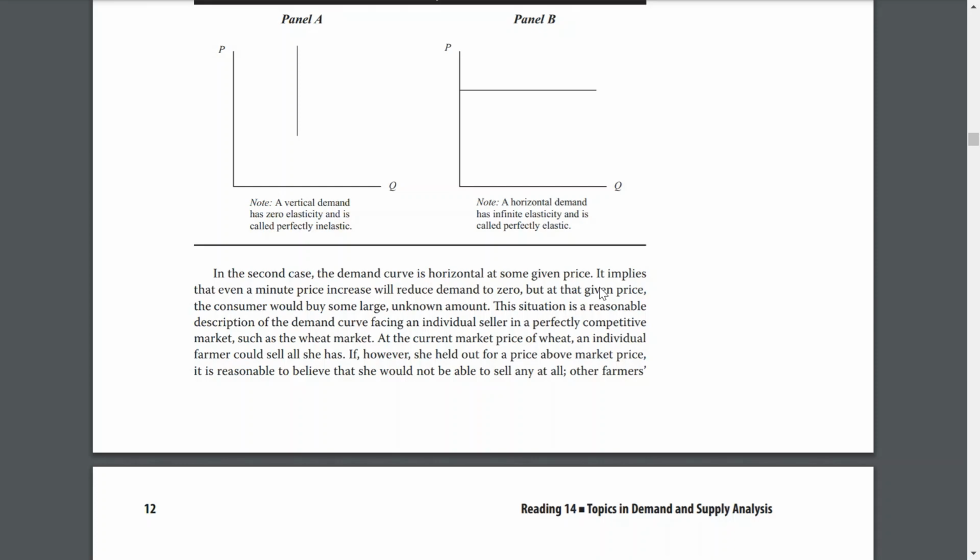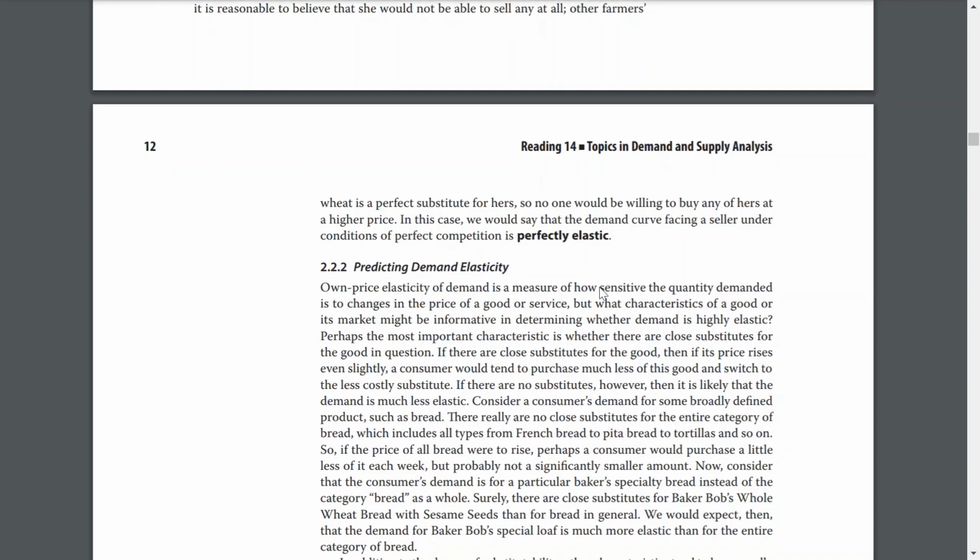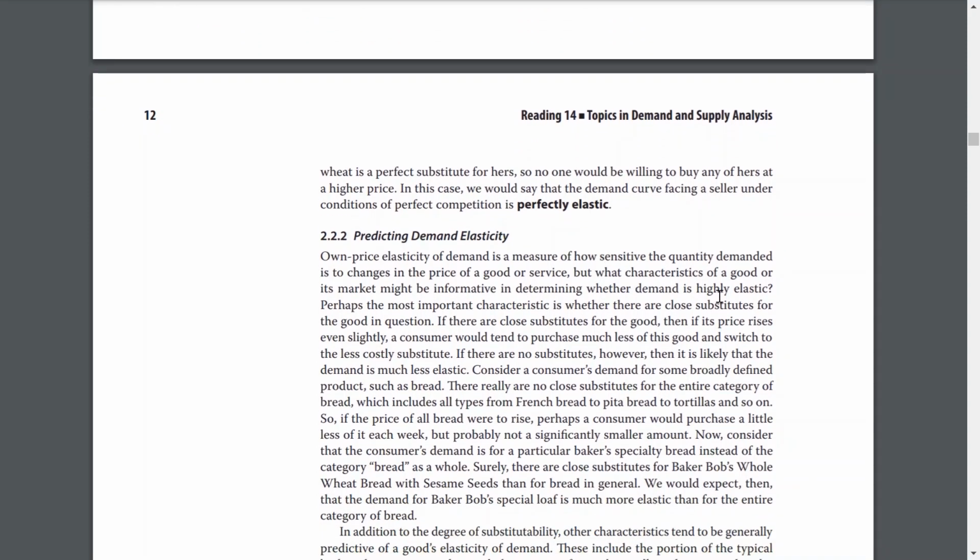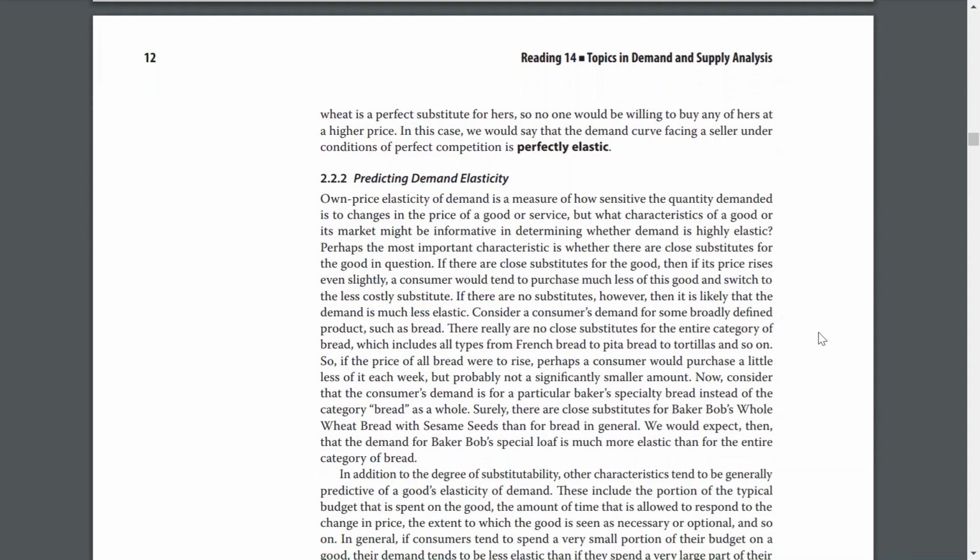Other farmers' wheat is a perfect substitute for hers, so no one would be willing to buy any of hers at a higher price. In this case, we will say that the demand curve facing a seller under conditions of perfect competition is perfectly elastic.